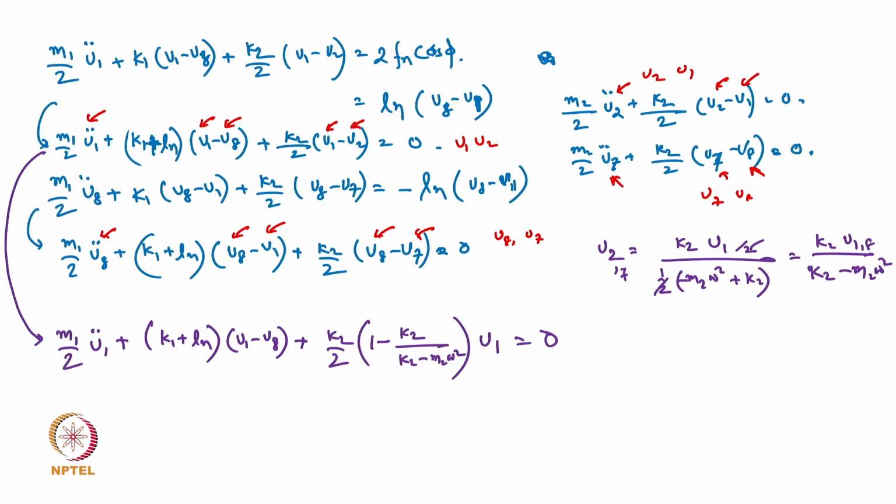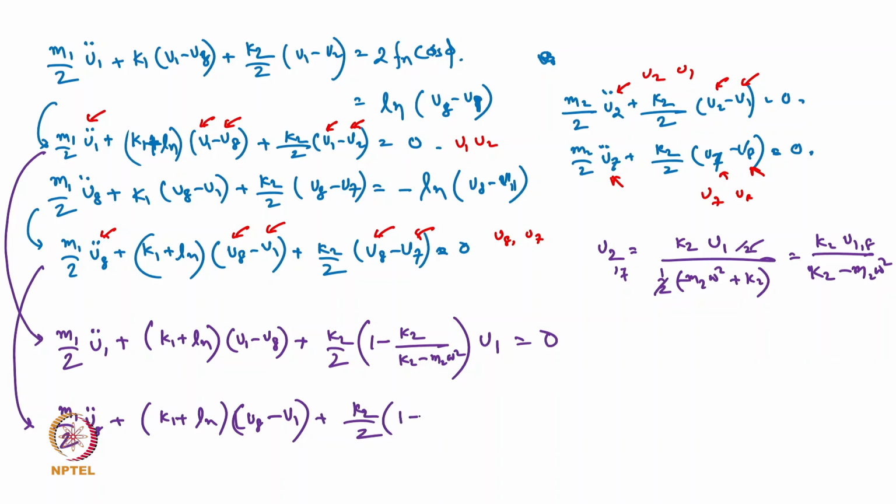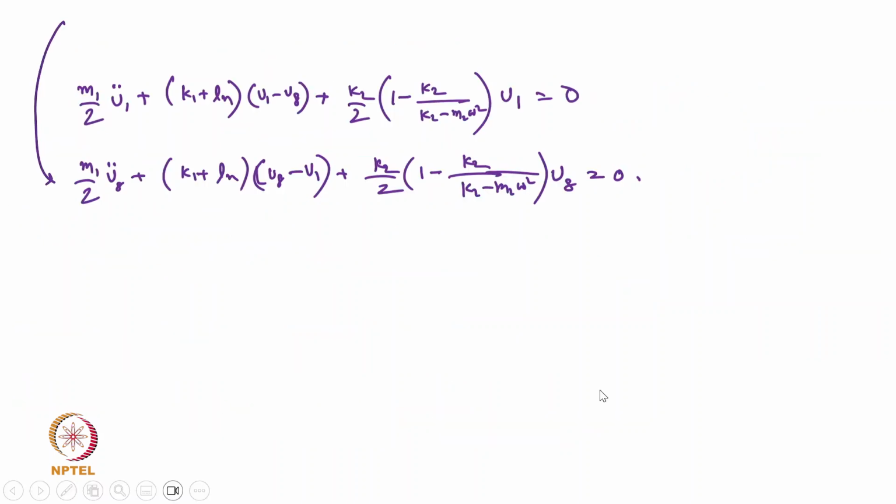Got that? And this equation will become m1 by 2 u8 double dot plus (k1 plus ln) into (u8 minus u1) plus k2 by 2 into (1 minus k2 by k2 minus m2 omega square) into u8, that is equal to 0. Okay, so this equation we got.